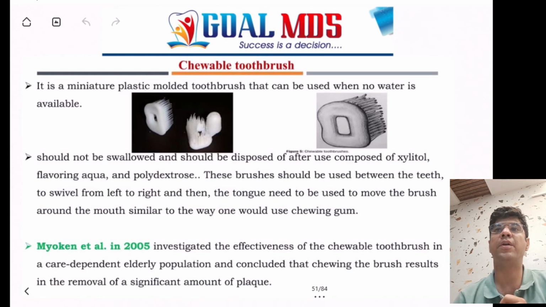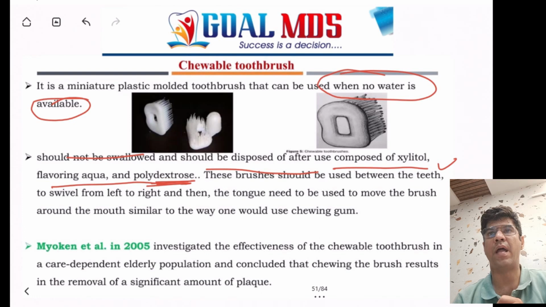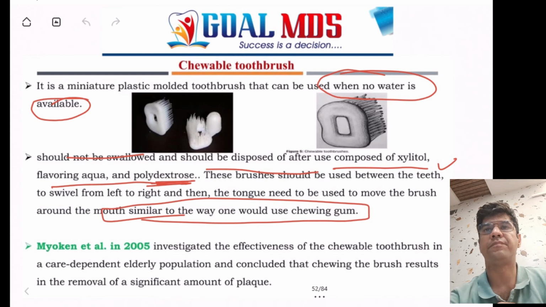The other is the chewable toothbrush. It can be used when no water is available. It should not be swallowed and should be disposed of after use. It contains xylitol, flavoring, aqua, and polydextrose. They are used in a similar way to how one would use chewing gum.